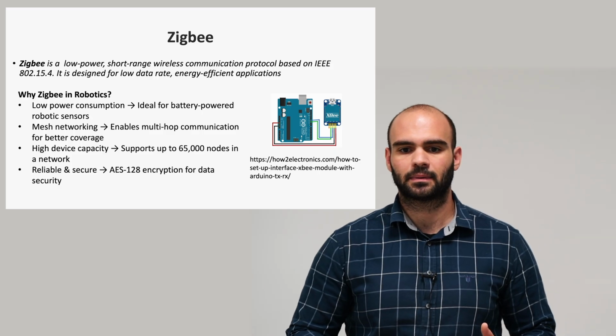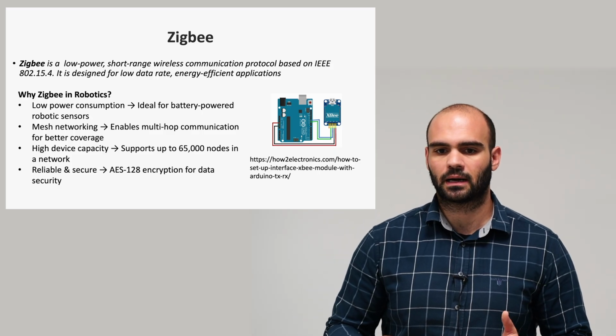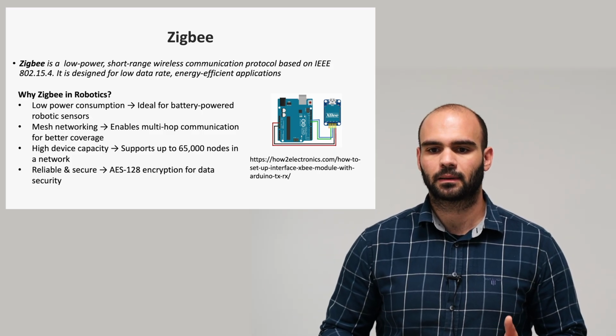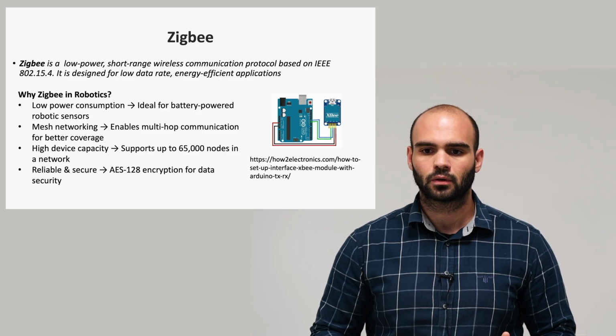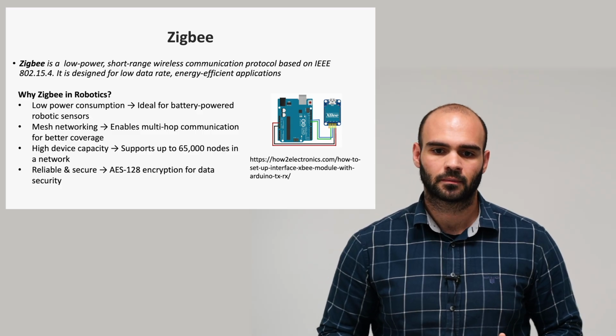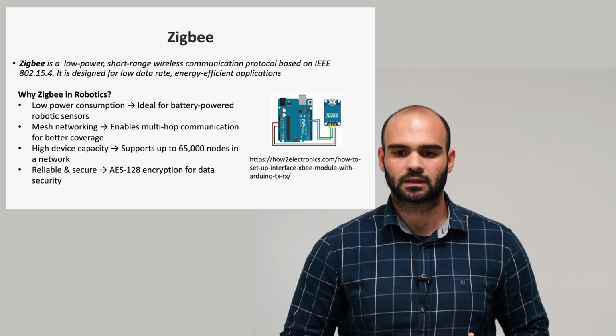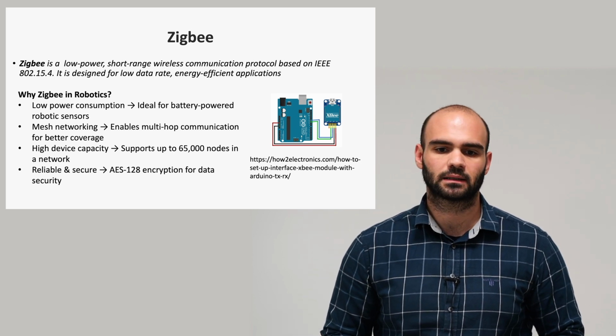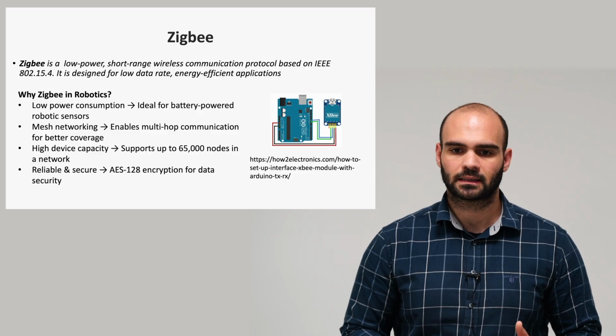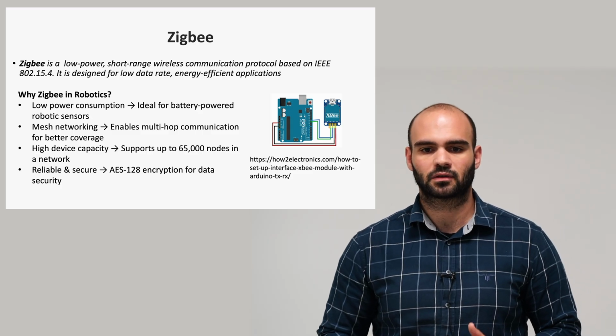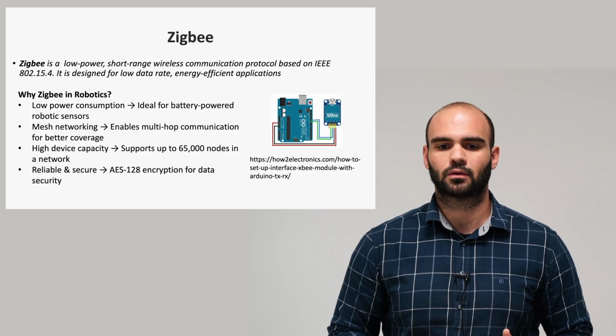On the other hand, ZigBee is a low-power, short-range wireless protocol based on the IEEE 802.15.4 standard. It's designed for low data rates and energy-efficient applications, which makes it perfect for robotics and IoT systems. In robotics, ZigBee is ideal for battery-powered sensors thanks to its minimal power use.